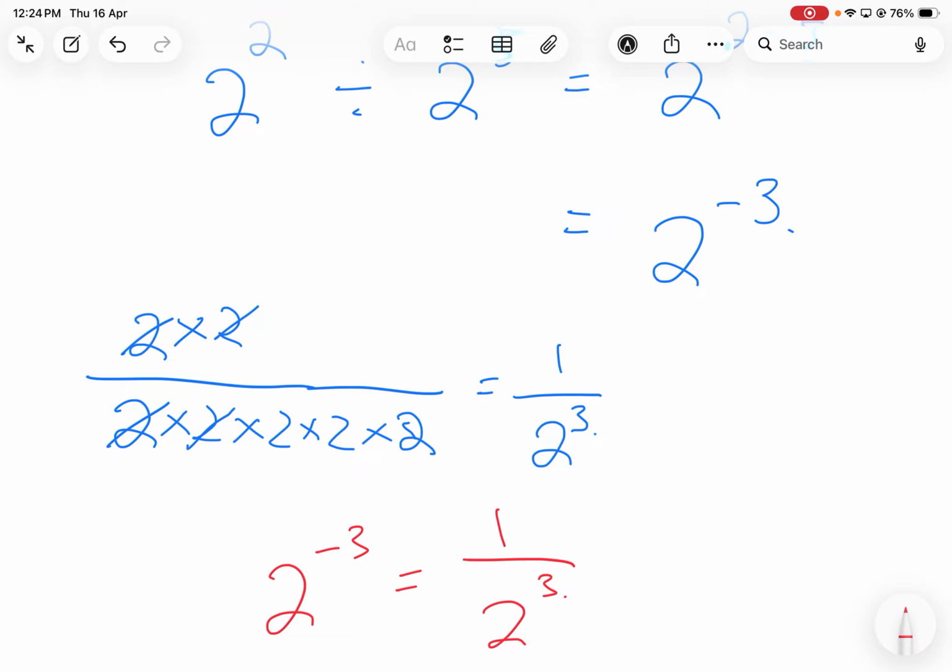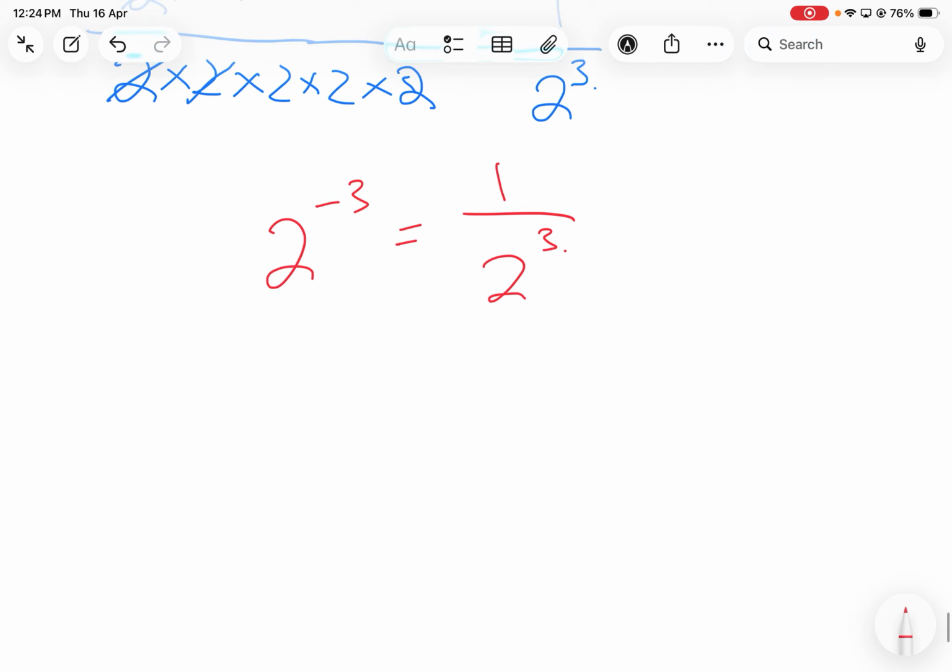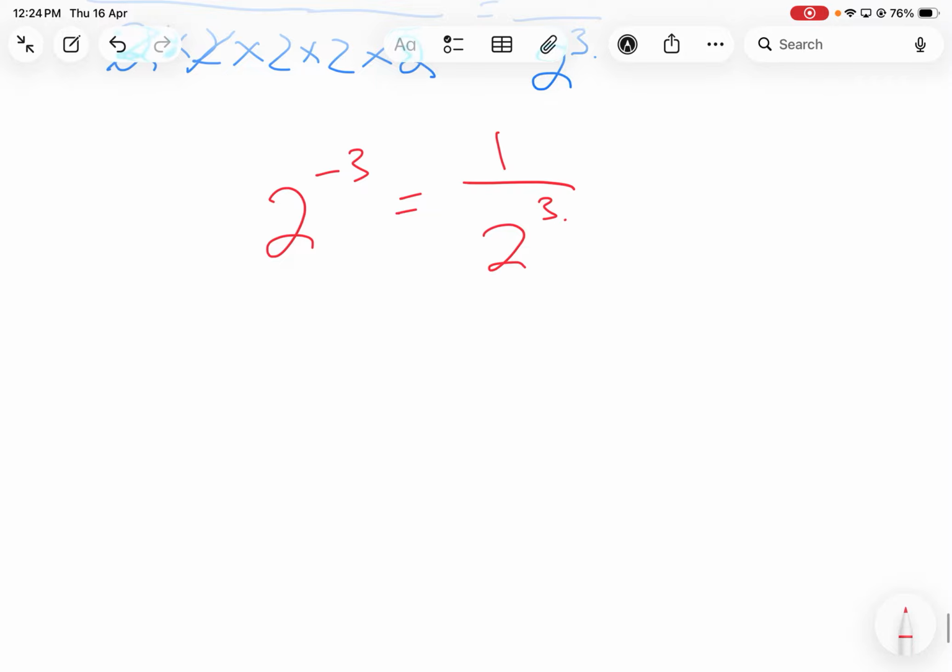This is the next very important thing that you have to know today. When I have a negative power, I can bring this whole number into the denominator and the power will become positive. This is always correct. I don't care what number. I can have 5 to the power of negative 2.